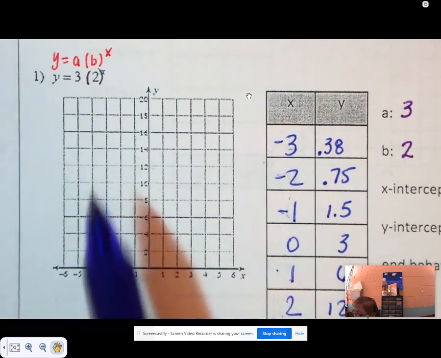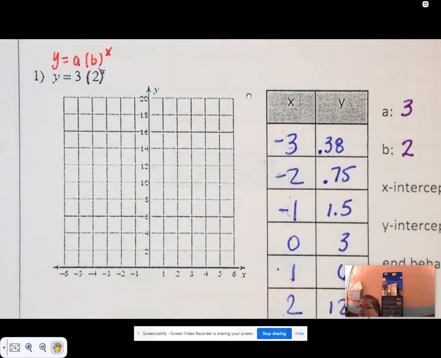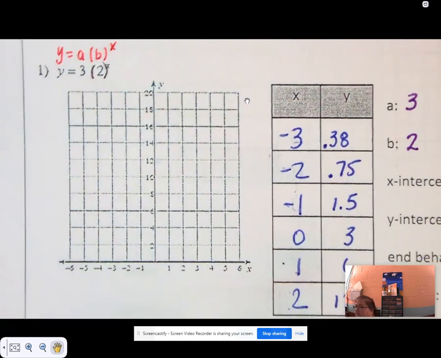Now, let's talk about graphing these. Now that we have our points, we're going to graph those. As a reminder, the exponential function is going to be very close to that x-axis, but don't touch it. It never intersects that x-axis. As a matter of fact, let's make a little note to self down here.